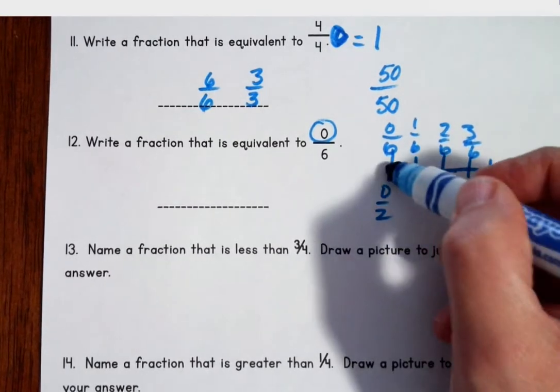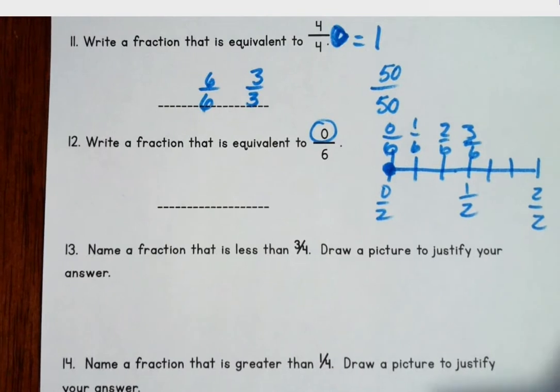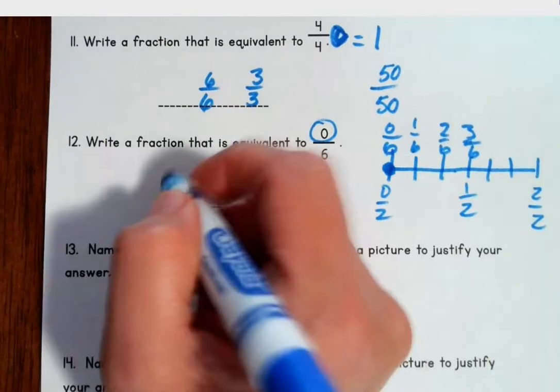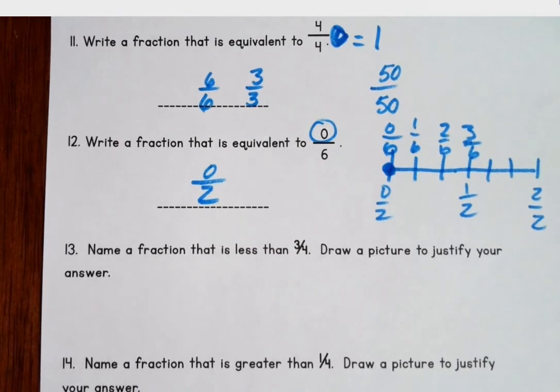Okay, look, it doesn't matter. It's all going to start at that same tick mark on that number line. So you can say 0 halves. I don't care. 0 hundredths. I don't care. Okay, as long as you have a 0 in that numerator.